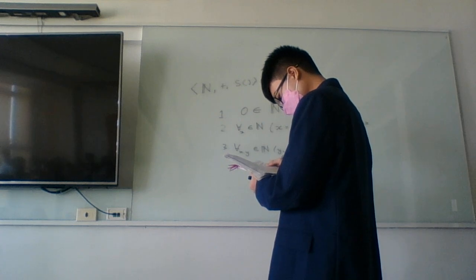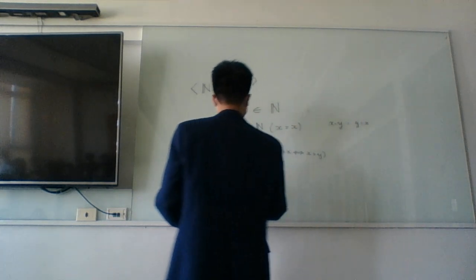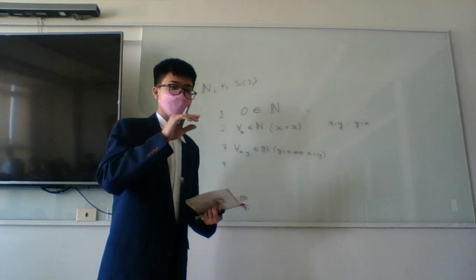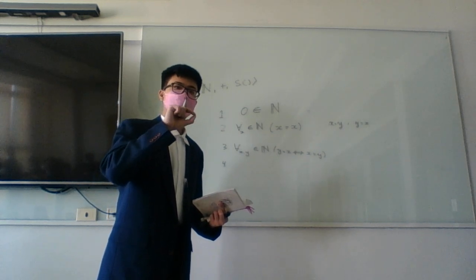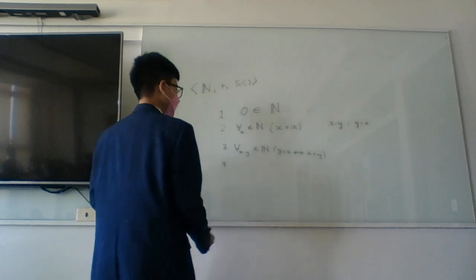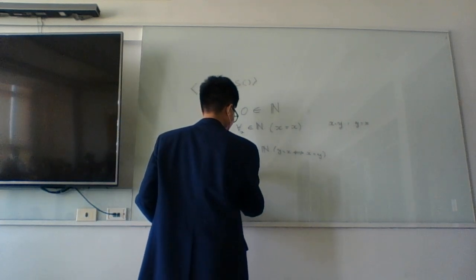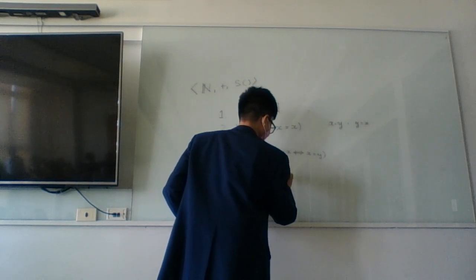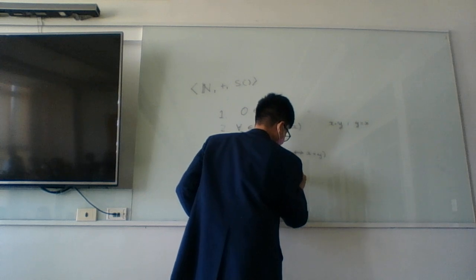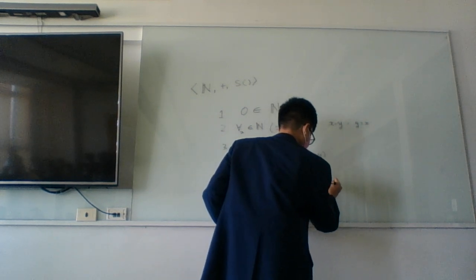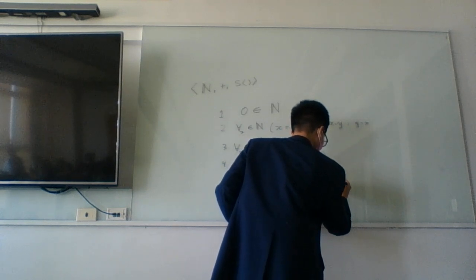So, alright, the fourth one establishes our notion of transitivity, not associativity, but transitivity. And it states that for all three elements x, y, z in the naturals, if y is equal to x, and x is equal to z, then y is equal to z.